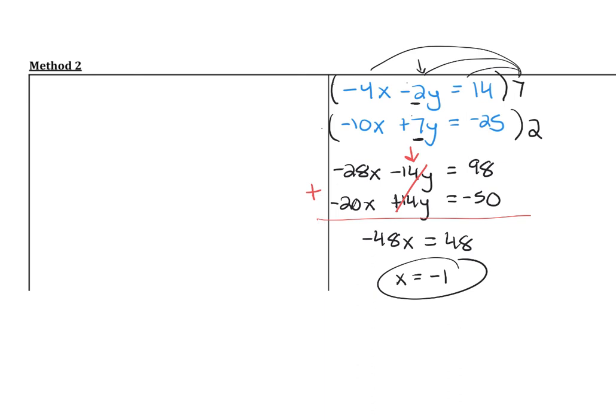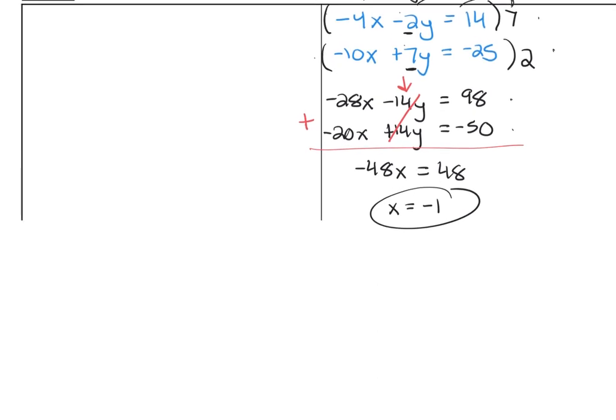All right, we have to plug negative 1 back in for x in any of these equations to find y, and it could be any of these 4. I'll just use that first one. So negative 4x minus 2y equals 14, but I'm plugging in negative 1 here.